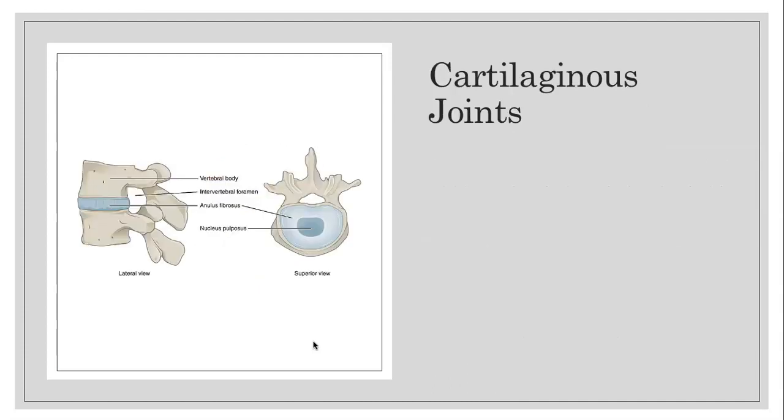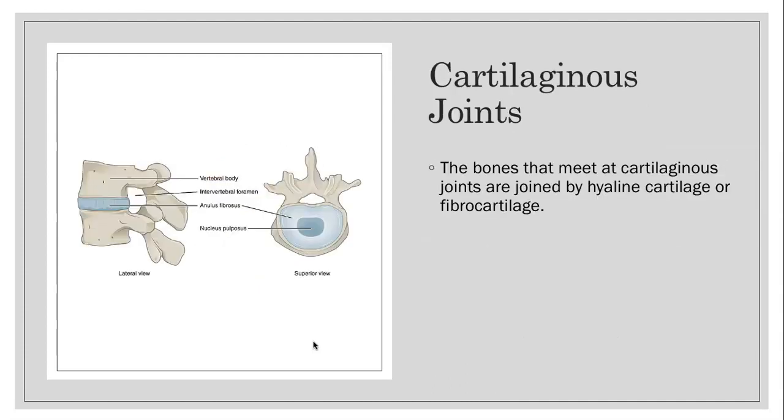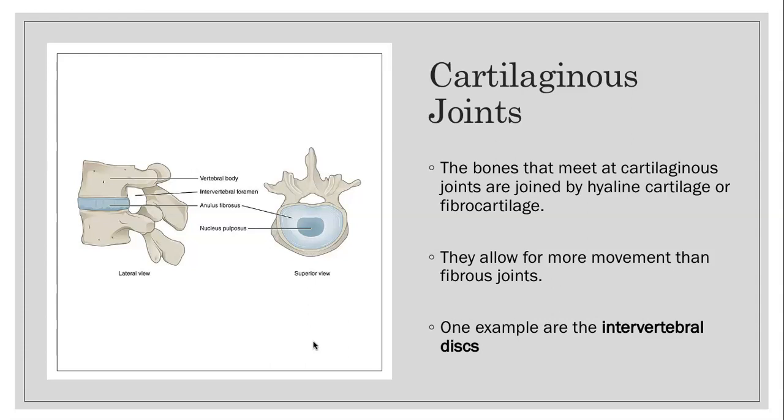The next example are cartilaginous joints. The bones that meet at cartilaginous joints are going to be joined by what we call hyaline cartilage, which, if you remember, is the most prolific cartilage that you find in the human body. But they can also be joined by fibrocartilage. They're going to allow for slightly more movement than the fibrous joints, but not free range movement. An example of these are the intervertebral discs that you find in your spinal column.